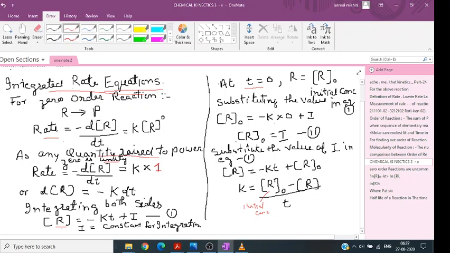This is the integrated rate equation for zero order reaction. To solve numericals, we will use this rate expression for zero order reaction.